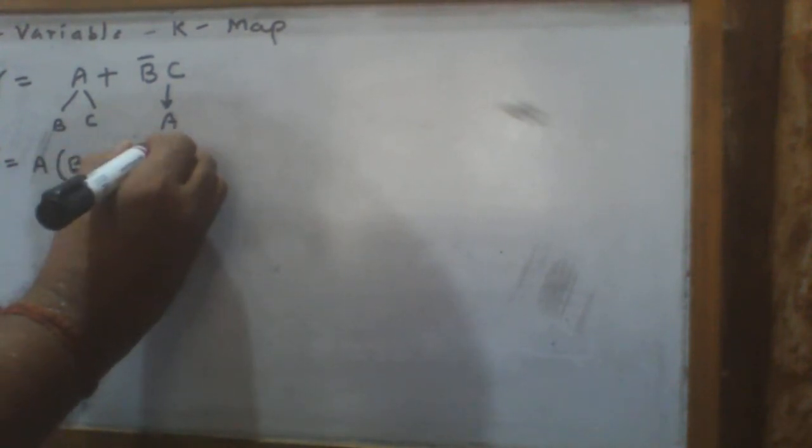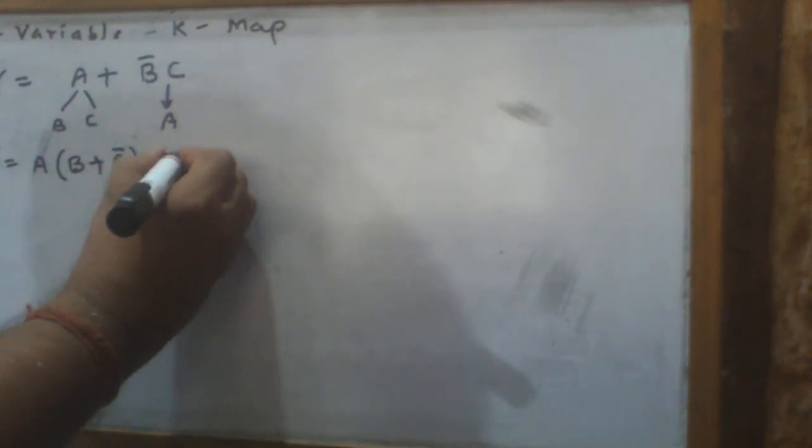Here the missing variable is A. Therefore whatever the missing variables are, write these missing variables with their true value and complement value in this way. Write this A as it is. Then this is a missing variable, write true form plus its complement form, that is B plus B bar.